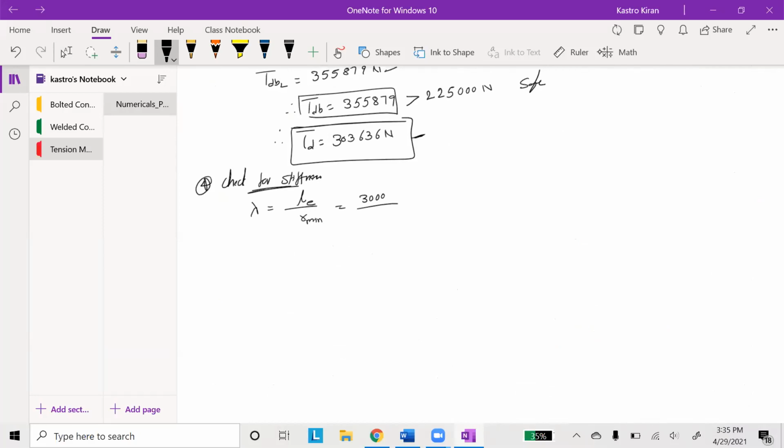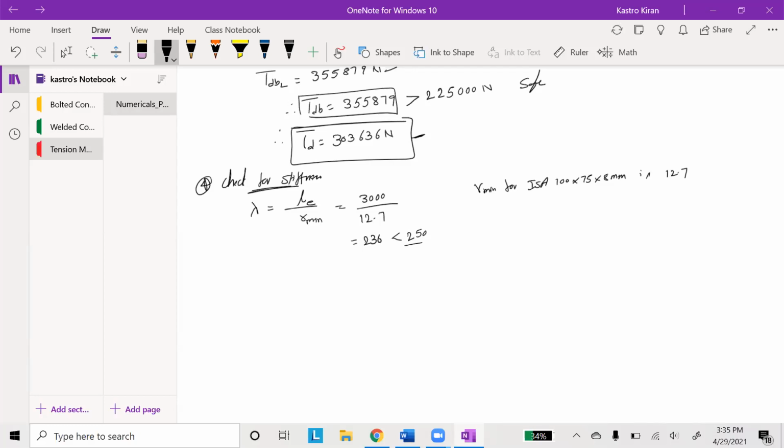Okay, you can obtain it from the steel tables book. R minimum for ISA 175 by 8 mm is 12.7. If you refer to the steel tables book, you will get to know. So 3000 by 12.7, and this value is 236. So whatever lambda value you obtain, this value must be less than 250.